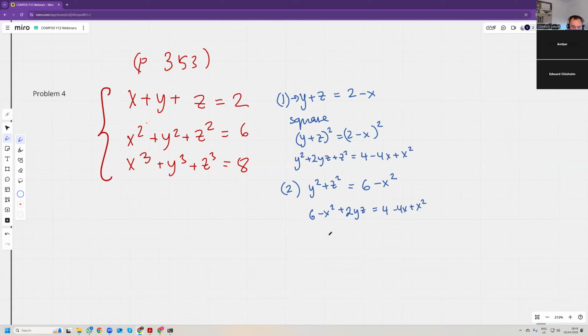So simplifying this, we get 2yz equals 2x squared minus 4x minus 2, which simplifies to yz equals x squared minus 2x minus 1.